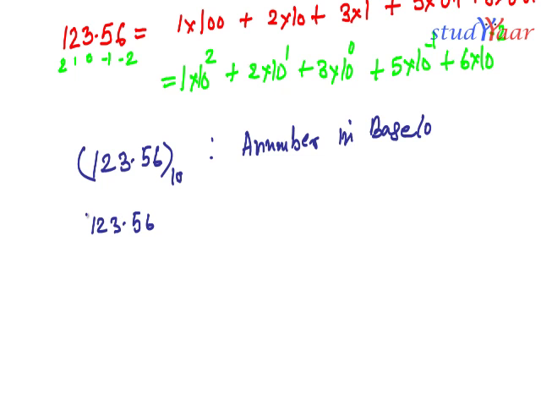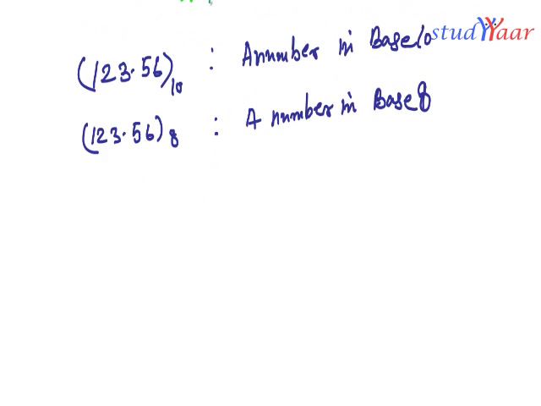Okay, had I done something like this, 123.56, then this would be a different number. Okay, this would be a number in base 8. Okay, and its value too would be different.